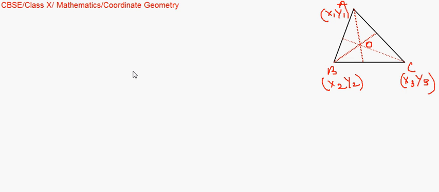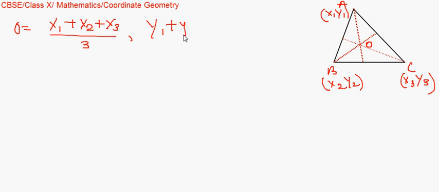The centroid formula is very simple. The centroid O is given by (x1 plus x2 plus x3) by 3, and the y coordinate is given by (y1 plus y2 plus y3) by 3.